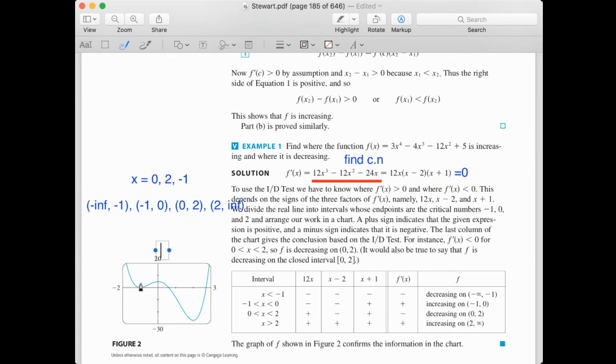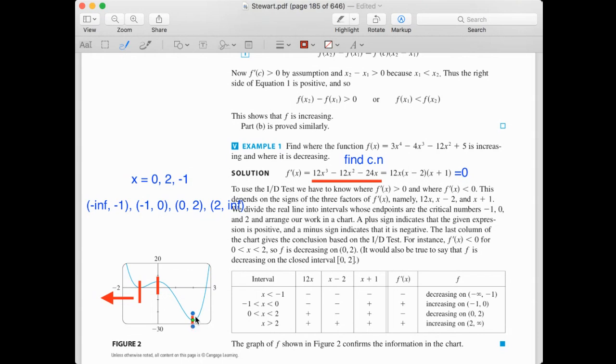You see here, from this point down, we have this interval from -infinity up to this critical number, -1, one interval. Then from -1 up to 0, another interval. Then from 0 up to 2, another interval.